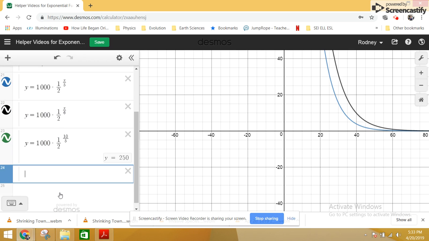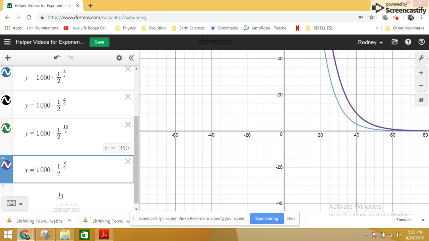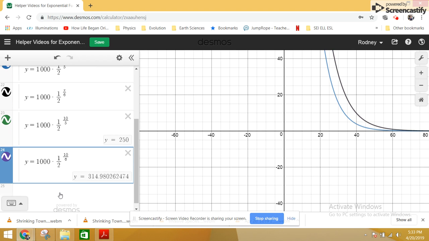If I go to the x over 6 version, I replace x with 10, I'll have 314, we'll round that to 315 milligrams. So there's our answer. We're going to have on a low end of 250 milligrams, a high end of 315 milligrams rounded.